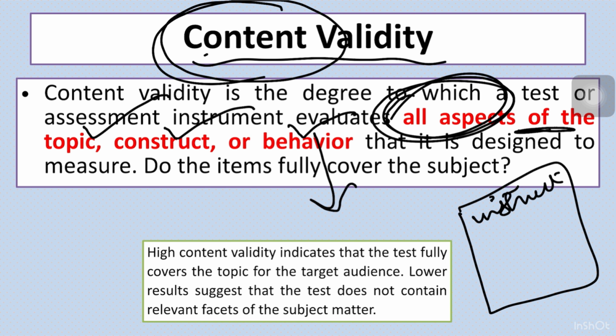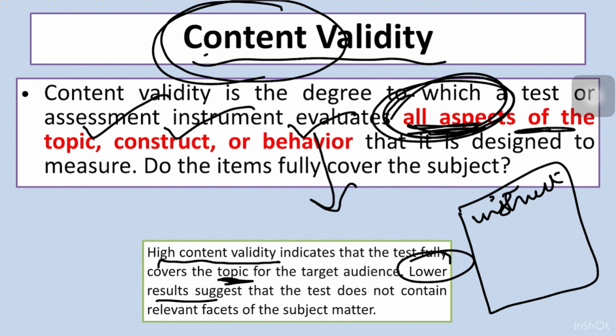So remember that all the aspects should be covered. We are going to understand this with an example as well. We can say that high content validity indicates the test fully covers the topic, whereas lower results suggest that the test is not valid.